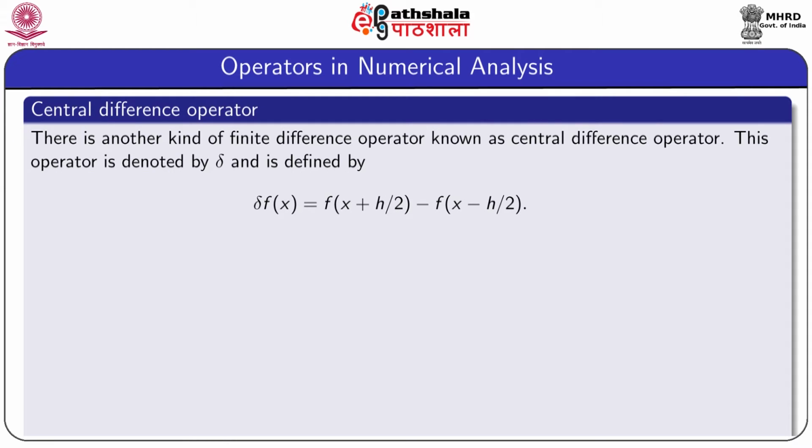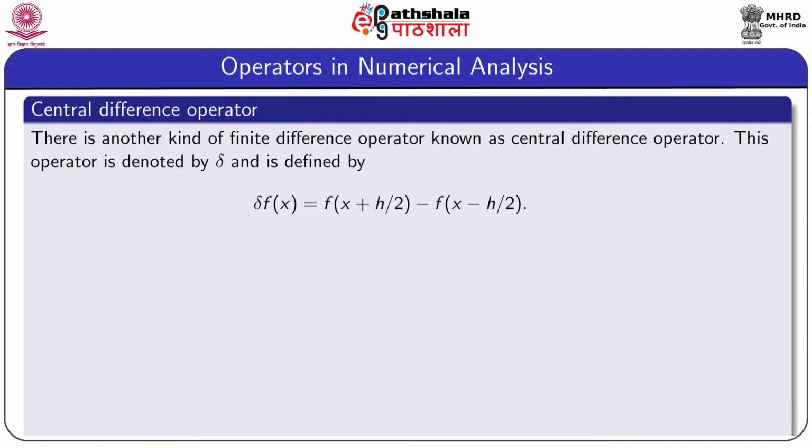Now, we come to another finite difference operator known as the central difference operator, and this operator is denoted by small delta. It may be noted that the forward difference operator is denoted by capital delta, but the central difference operator is denoted by small delta. The small delta of f(x) equals f(x+h/2) minus f(x-h/2).